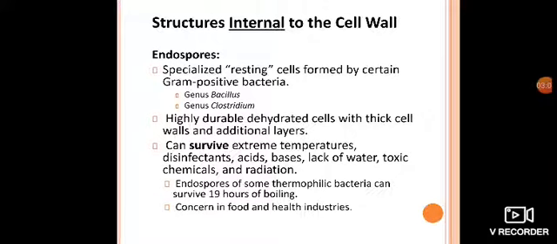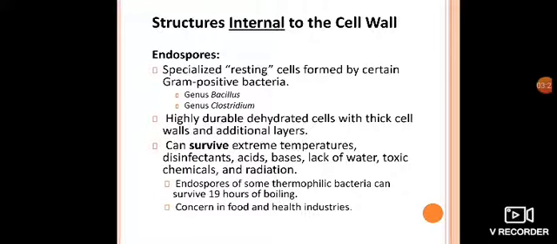Now, spores are specialized resting cells formed by certain types of gram positive bacteria. Resting means they are more stable and more dormant in nature. Examples are genus Bacillus and genus Clostridium, which form different types of spores.